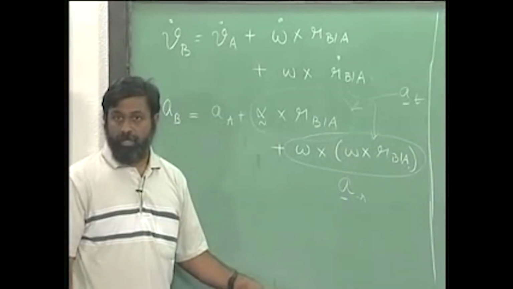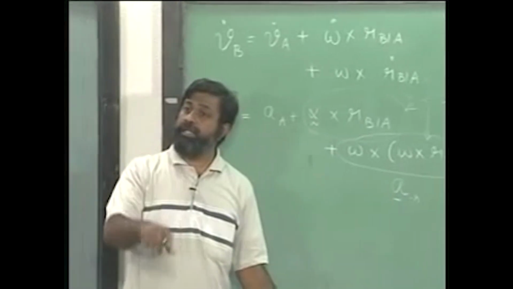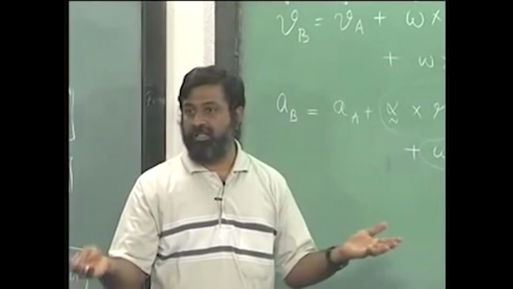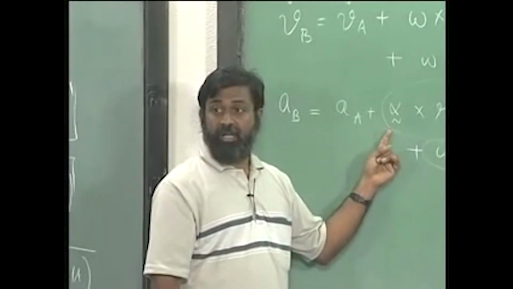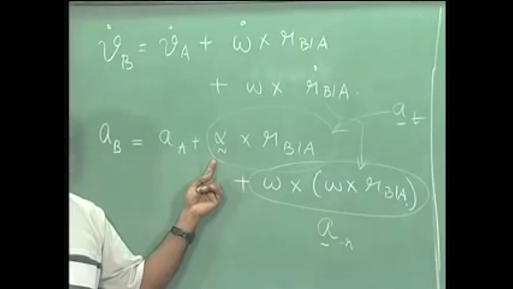Supposing I know that the body is rotating with a constant angular velocity, immediately alpha is 0, okay.